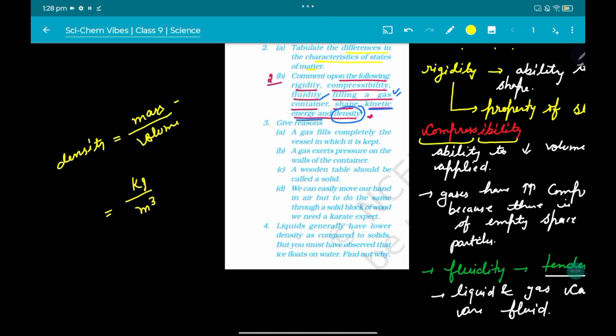So the SI unit of density is kg meter inverse cube. Generally, solids have the highest density, gases have the lowest density, and liquids have medium density compared to solid and gas.